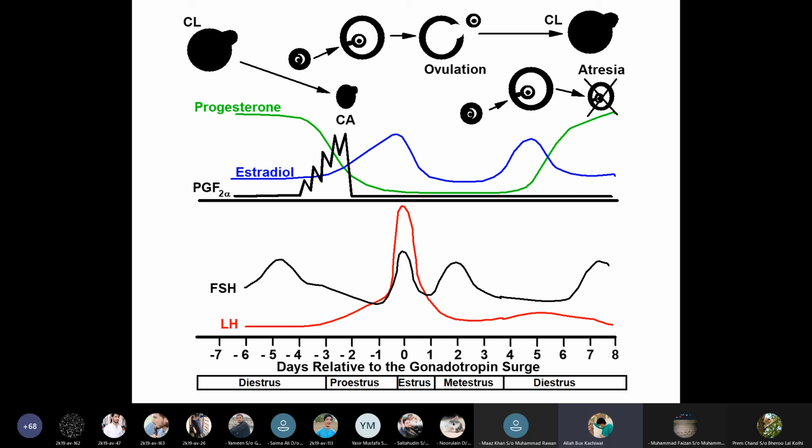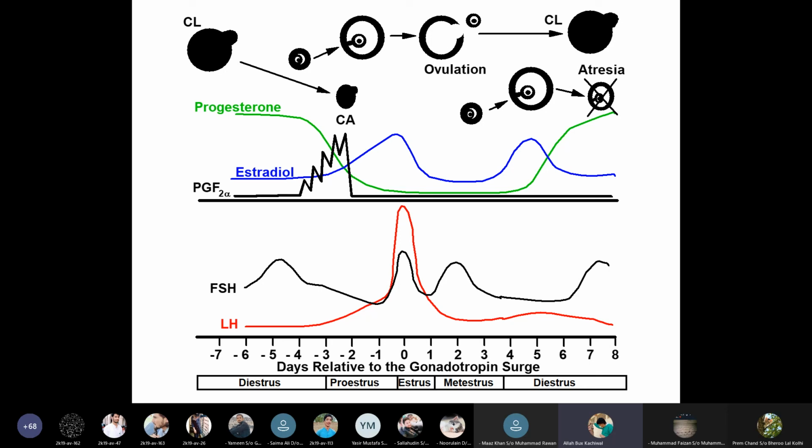Now, whenever there is the start of the proestrus, the estradiol increases in concentration, the progesterone level decreases, and the prostaglandin also increases. A surge is observed in which the luteinizing hormone increases to its highest level when the estrous cycle is initiated.